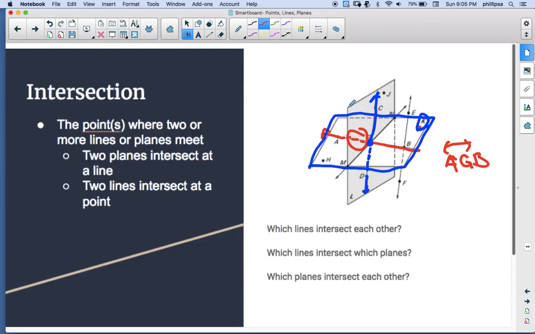Line AGB is intersecting this plane right here, also at point G. Okay. So there is another one right here in yellow, line EF.